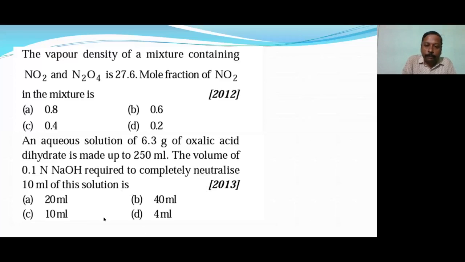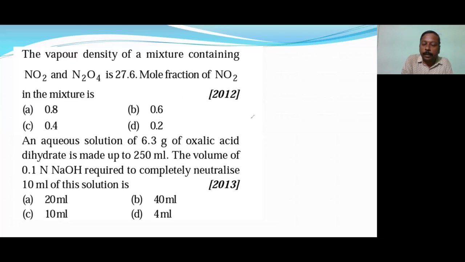So here the question is about the vapor density of a mixture containing NO2 and N2O4. From NO2 and N2O4, we have to find out the vapor density. First of all, I will explain.